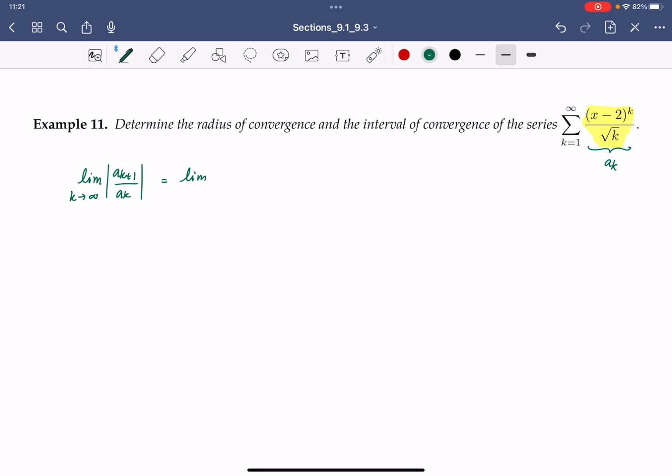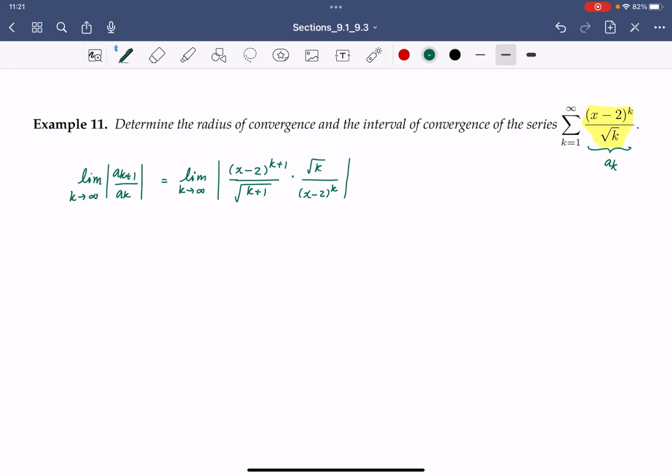And then by the ratio test, it's going to be |x minus 2|^(k+1) over the square root of k+1, not square root. And then now you have the square root of k over |x minus 2|^k.